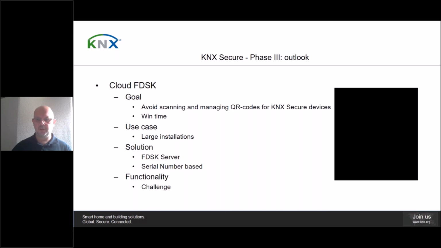If there is internet connectivity, the FDSK server will, via ETS, send a challenge to the device. The device has to respond with a cipher of the challenge, protected with the FDSK, so that the FDSK server can verify that really the intended device with the claimed KNX serial number is installed in the installation. If this proves positive, the FDSK server will provide the FDSK to the ETS.